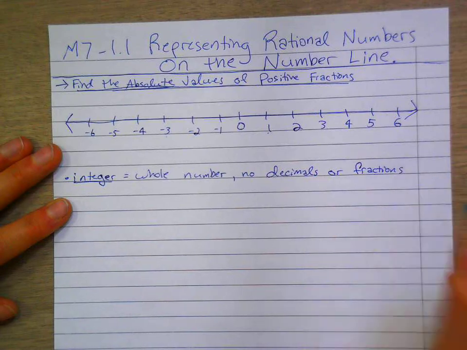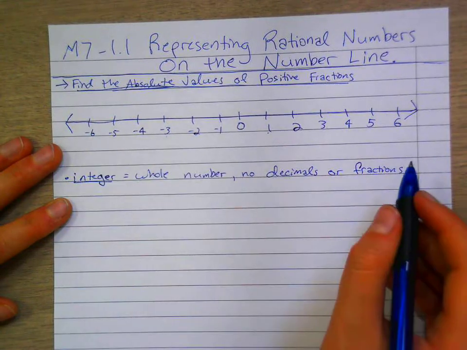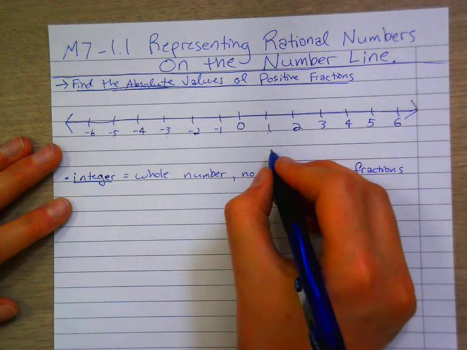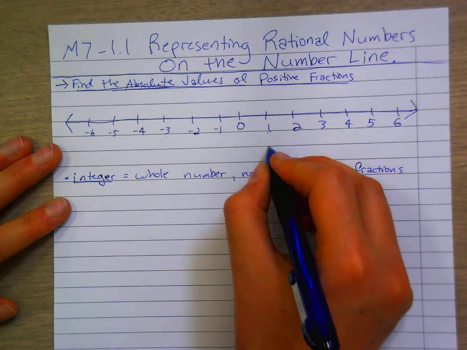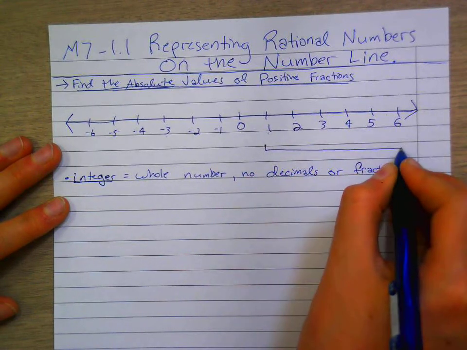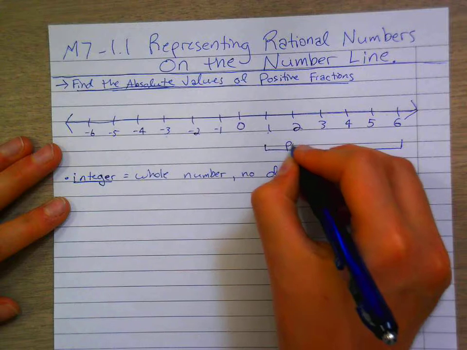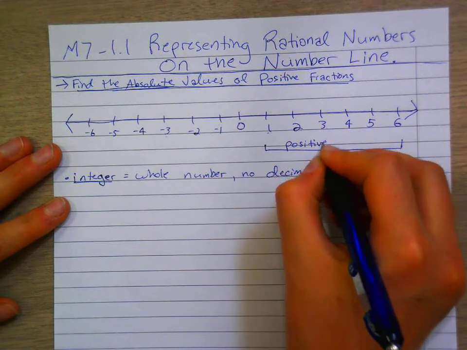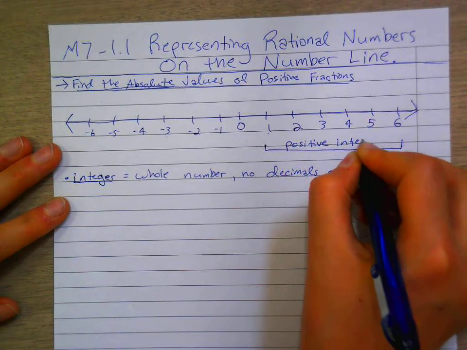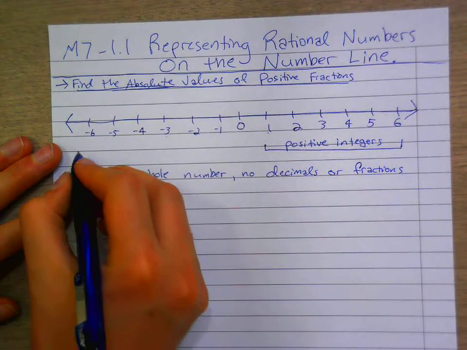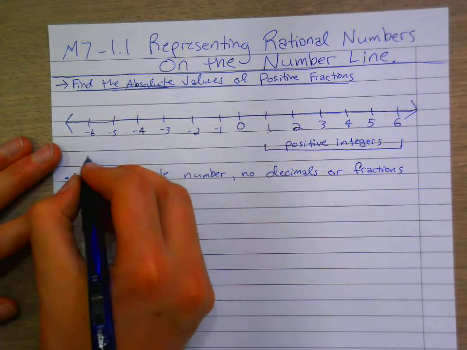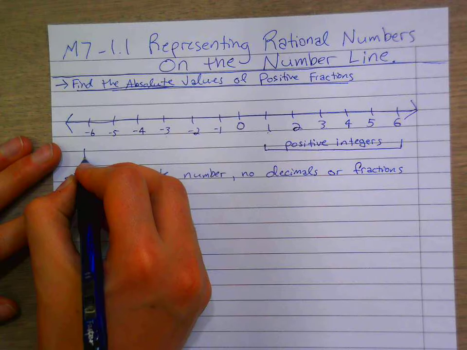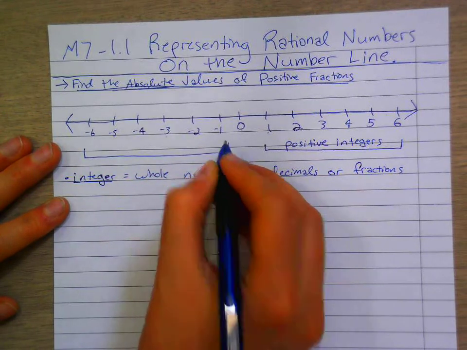On this number line, we have positive integers, which is 1 to 6. And we also have negative integers, which is negative 6 to negative 1.